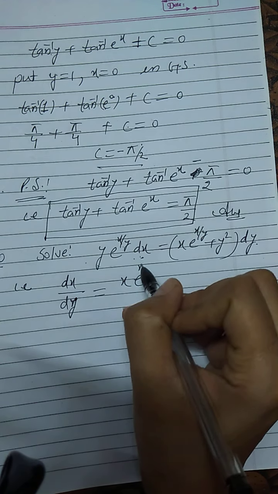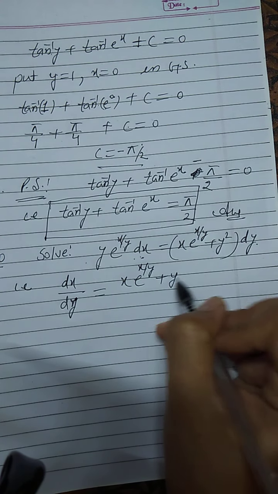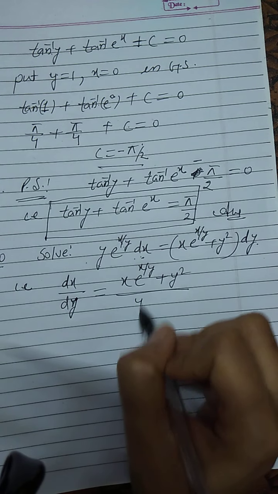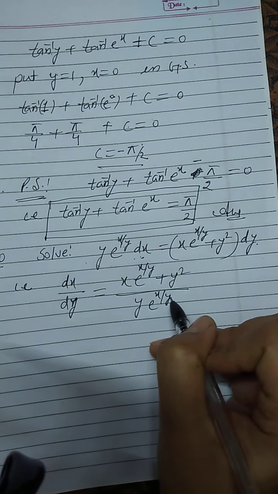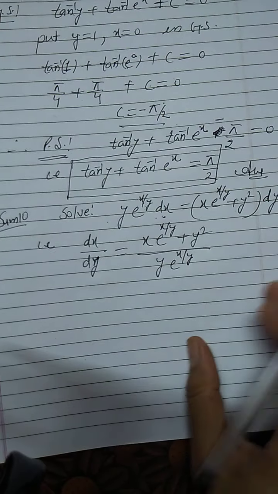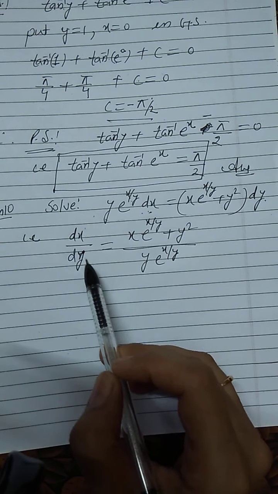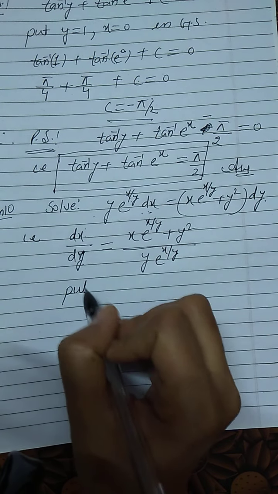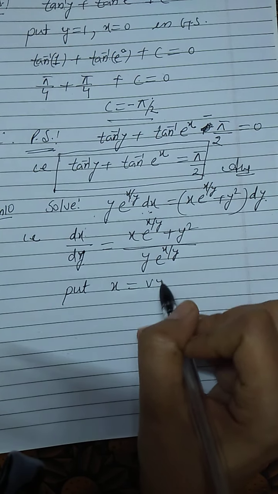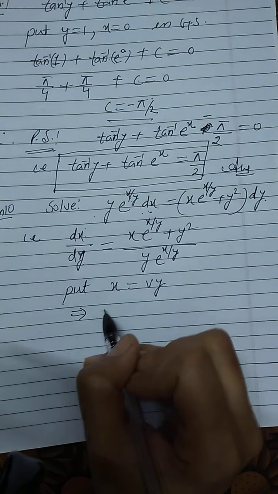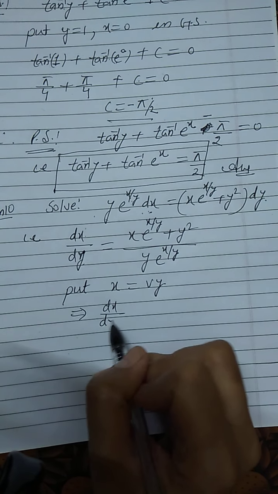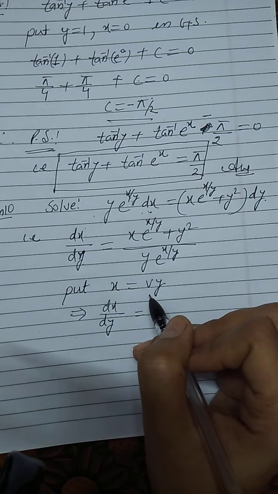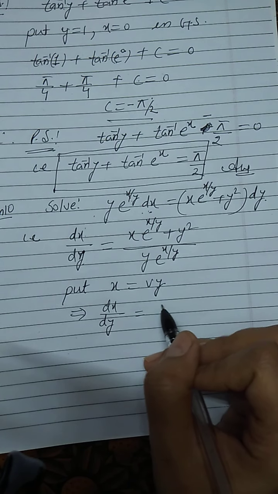It is x e raised to power x upon y plus y square divided by y e raised to power x upon y. Now as we know, when our differential equation is of the form dx upon dy, our substitution will be to put x equals to vy, so that when I differentiate both sides with respect to y, the derivative of y with respect to y will be 1.